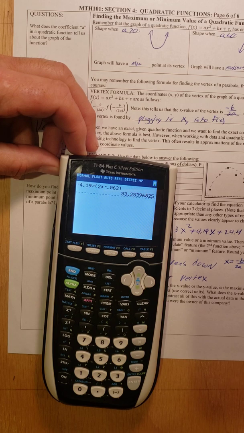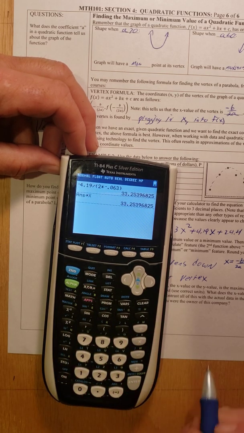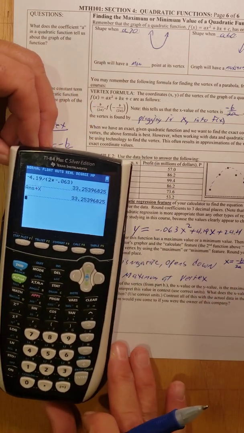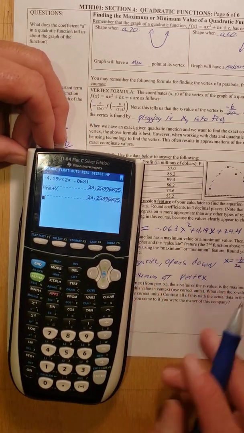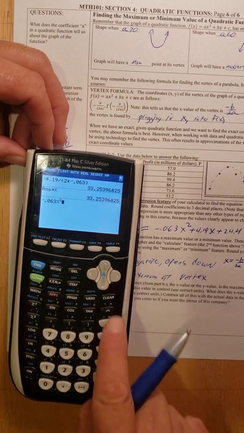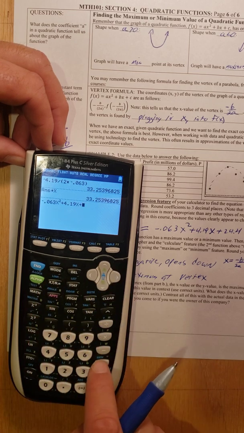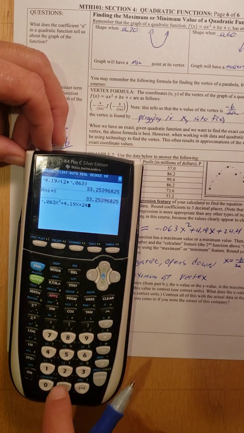Okay. Now here's what I'm going to do. I'm just going to store this value as X. Okay, so now X on my calculator is that, and then I'm just going to type in this function, negative 0.063 x squared plus 4.19x plus 24.4.